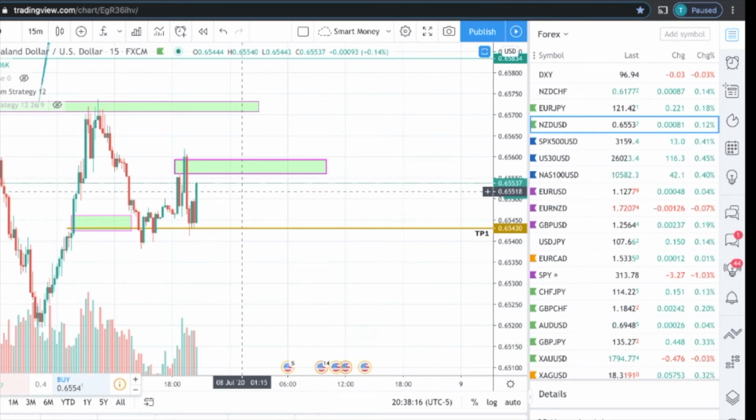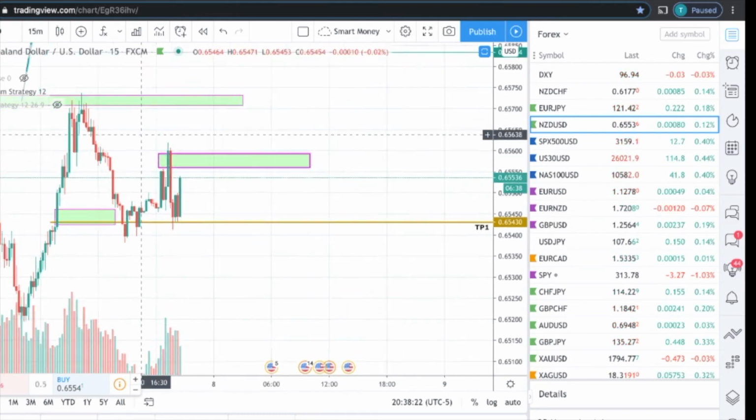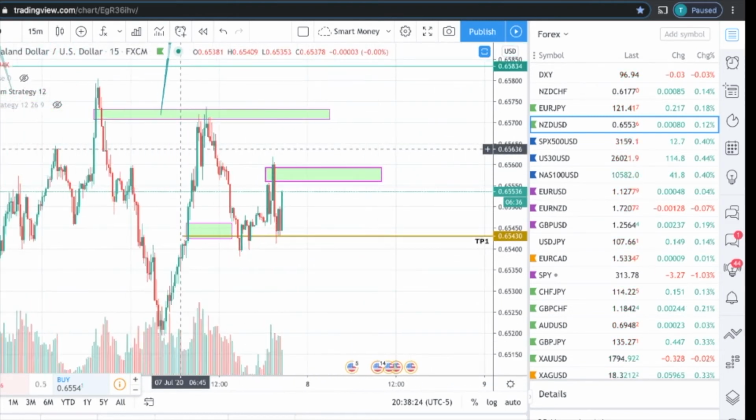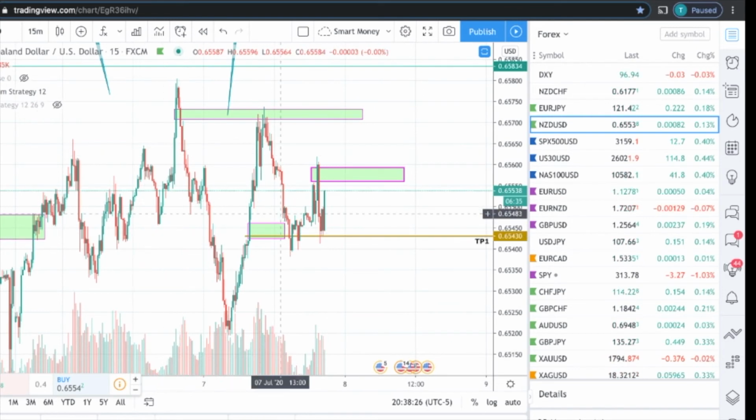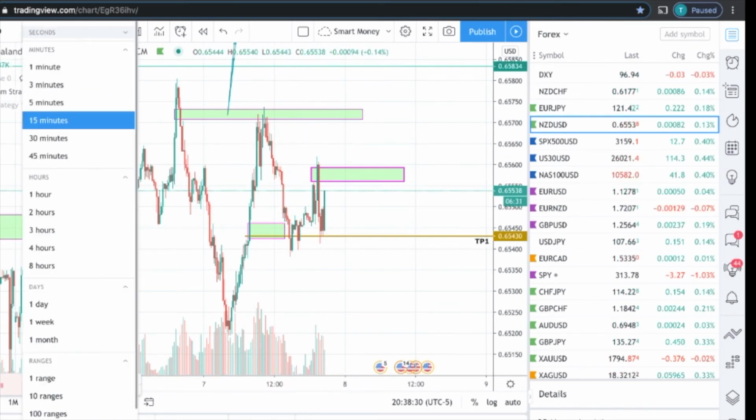Because I see this as an imbalance zone that it is being attracted to. I see the overall movement of this. I mean, yeah, it did take off. It is being kind of a bearish chart.